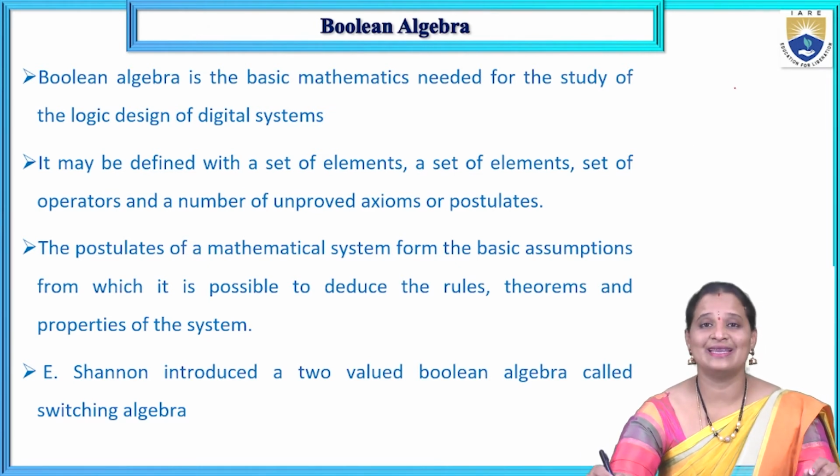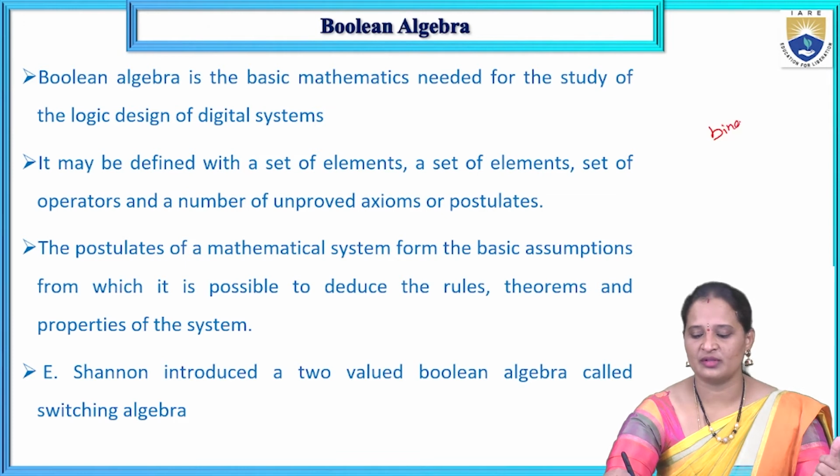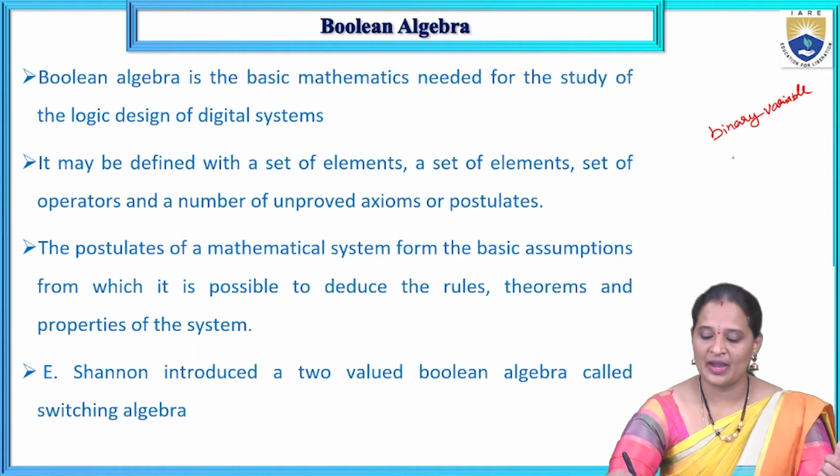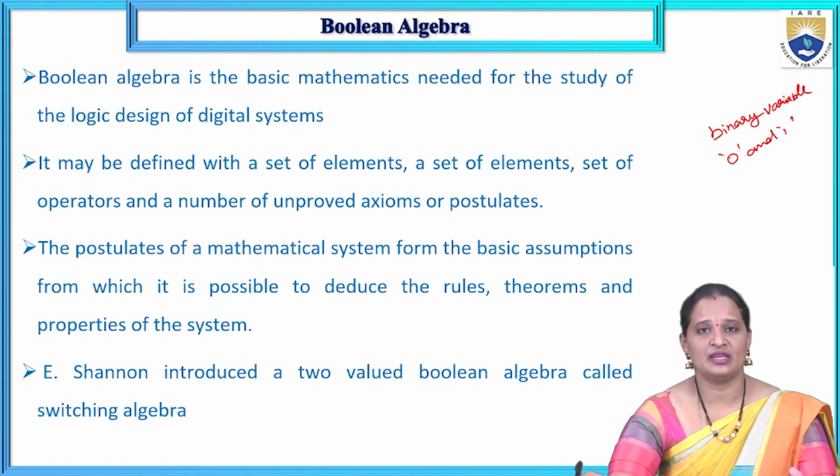Boolean means a mathematics which deals with Boolean variables. Boolean variables are nothing but binary variables. What do you mean by binary variables? These are variables which can accept only binary values 0 and 1.